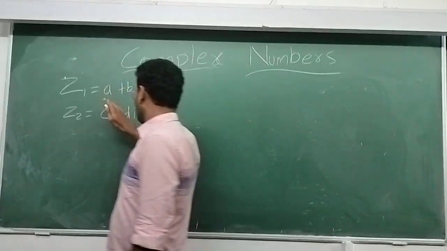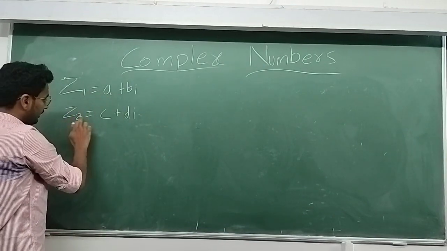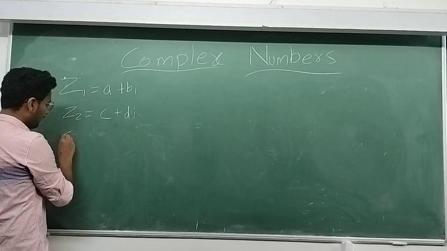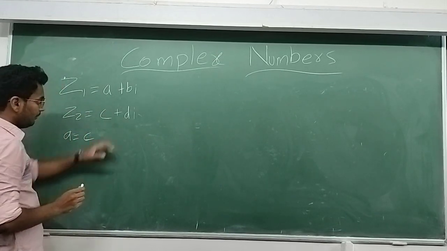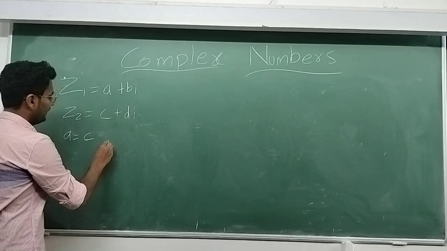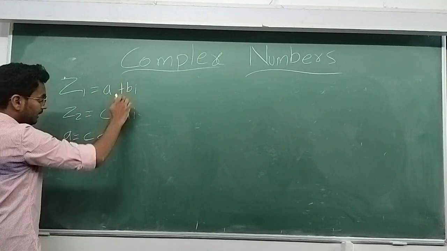When their real parts, means real part of z1 is a, right, and real part of z2 is c, their real parts are equal. At the same time, their imaginary parts must be equal to each other. It means a equal to c and b equal to d.